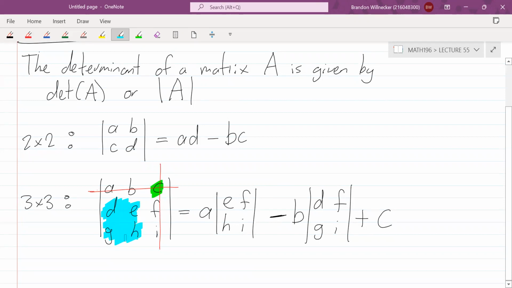That's D, E, G, H. And we take the determinant of that. Okay, we add all of this up, and that gives you the determinant of a 3x3 matrix. Okay, are there any questions about that?